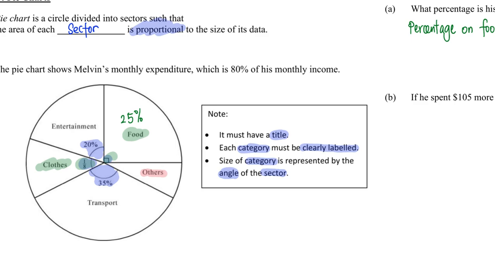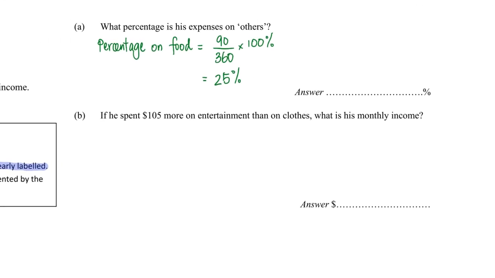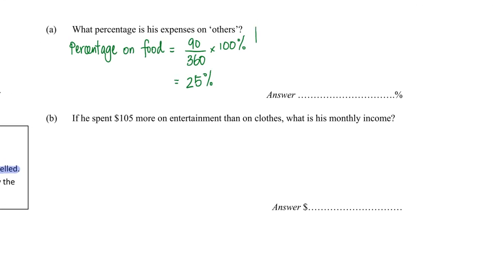For clothes, it's 1/8 of the whole circle. So for clothes, we just need to convert the fraction into percentage, and that will give me 12.5%.